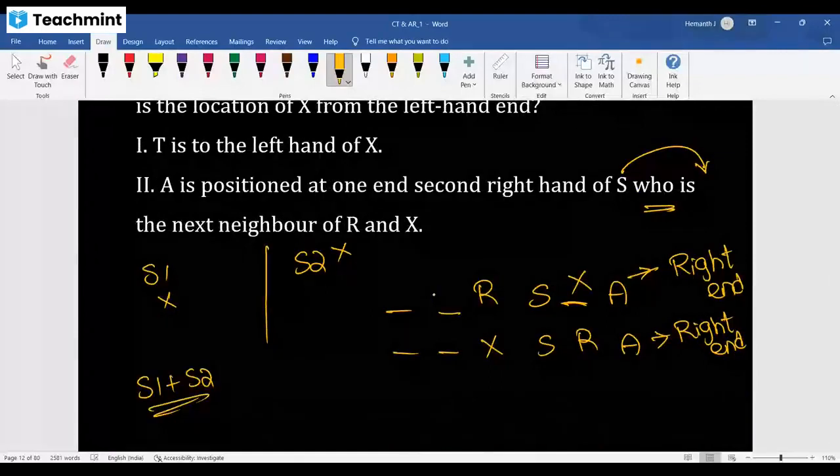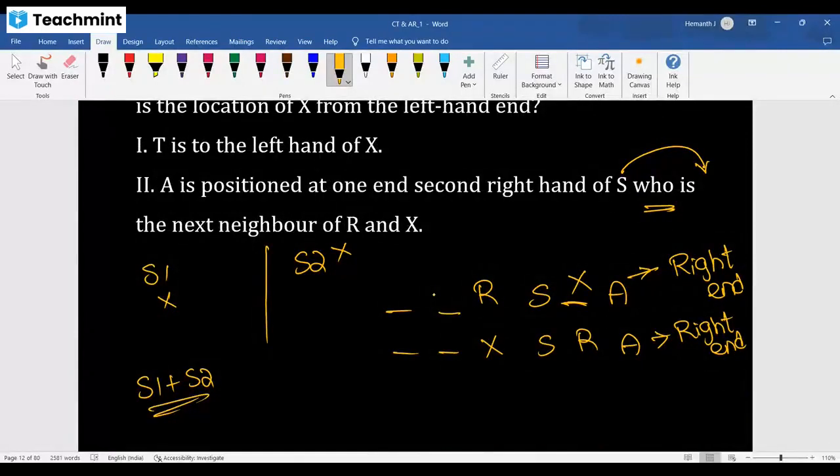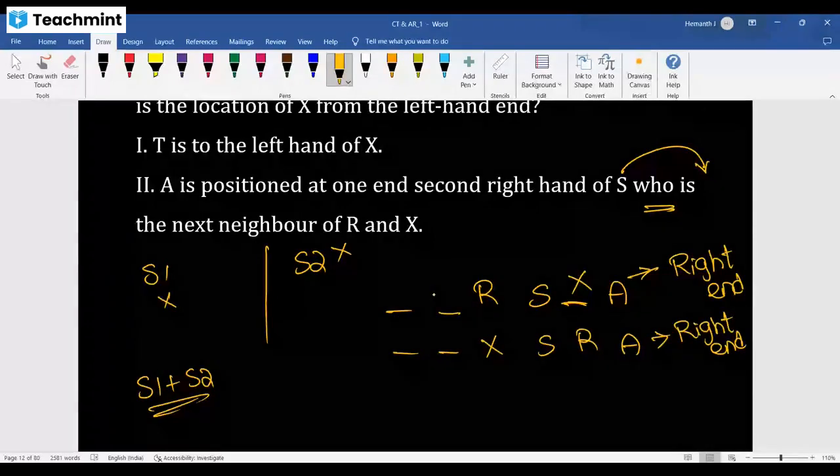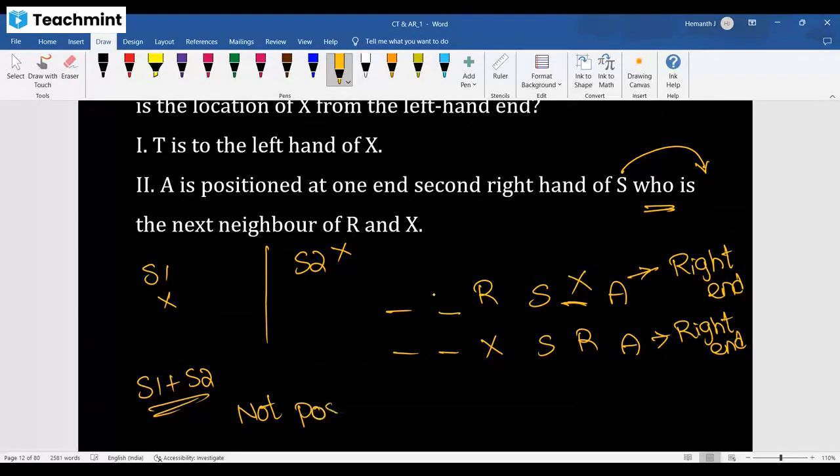T is to the left of X. Okay, from X, the left is T. It can be here or it can be here. X also, left means here or here. I think together also it is not possible. There are many arrangements that will come. X can be here or here. We cannot decide. Both are possible still if you go together also.